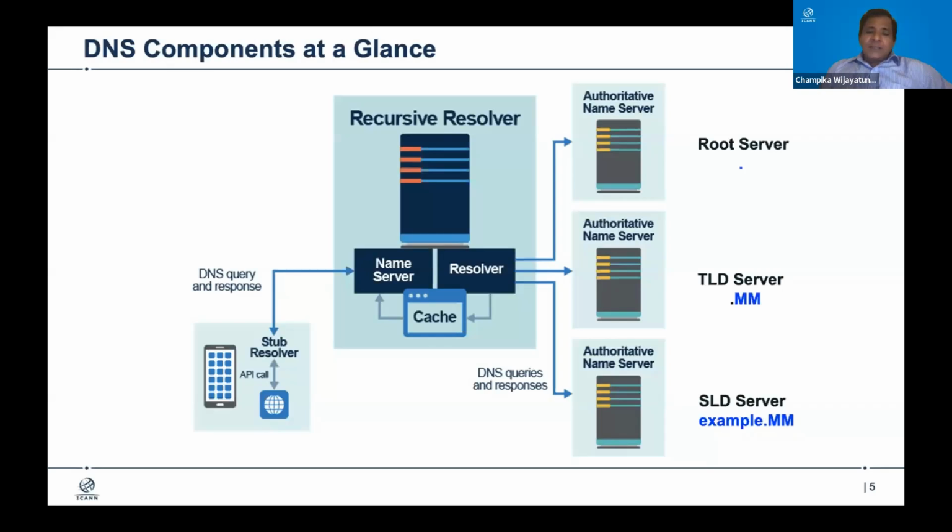When I say machines, that means machines can deal with IP addresses easily. But humans, we cannot remember these IP addresses. That is why we need DNS, so that we can deal quite easily, right? So DNS maps IP addresses to something we can remember, like names.